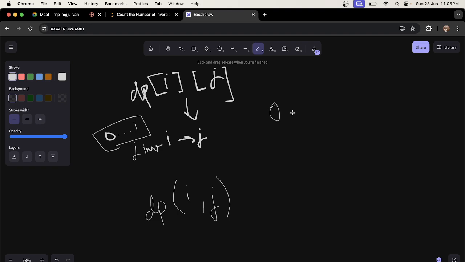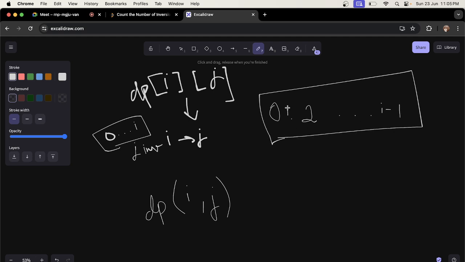Let's say you have already constructed a permutation from index 0, 1, 2 till the i minus 1th index, and let's say this subarray has k inversions.